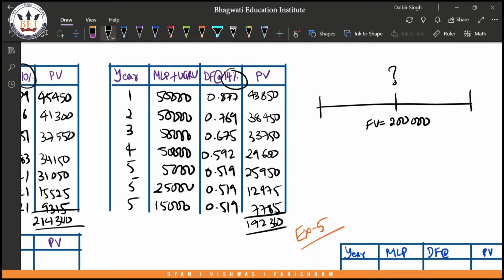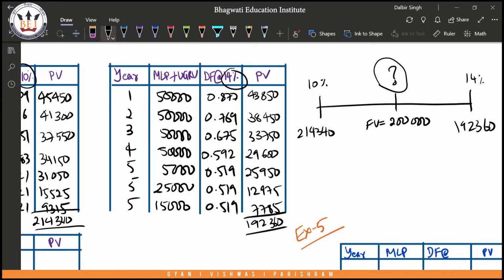If I take 10%, my present value is 2,14,340, and if I take 14%, my present value is 1,92,360. I need to find that discounting rate where it equals 2 lakh rupees.